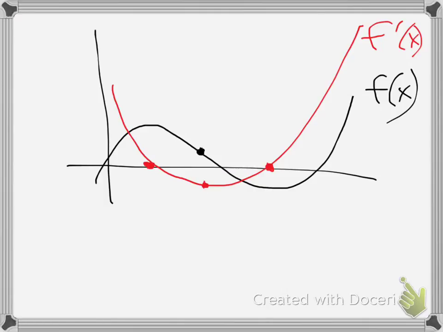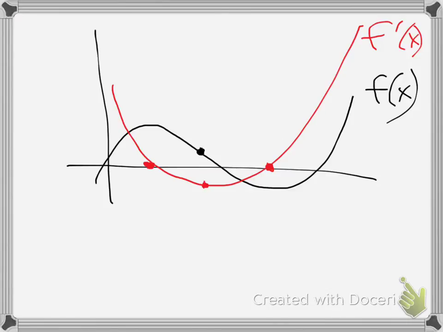Let's change to yet another color, and let's talk about how I would possibly sketch the second derivative. Look at your first derivative and look where the minimum is. The slope of the minimum is 0.